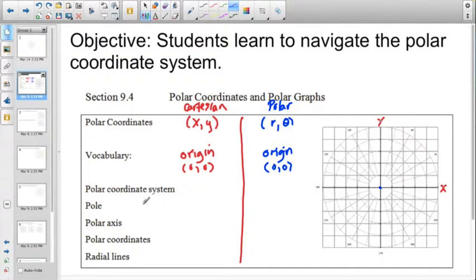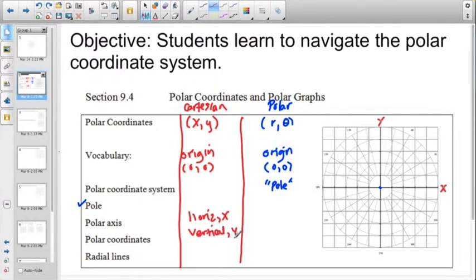The other term for the origin here is called the pole. So that is that term here. Next, the polar axis. In the Cartesian system we have two axes: the horizontal axis, which we call the x-axis, and the vertical axis, which we call the y-axis.